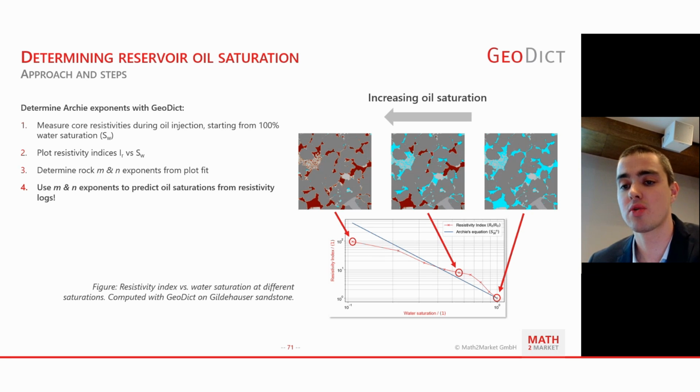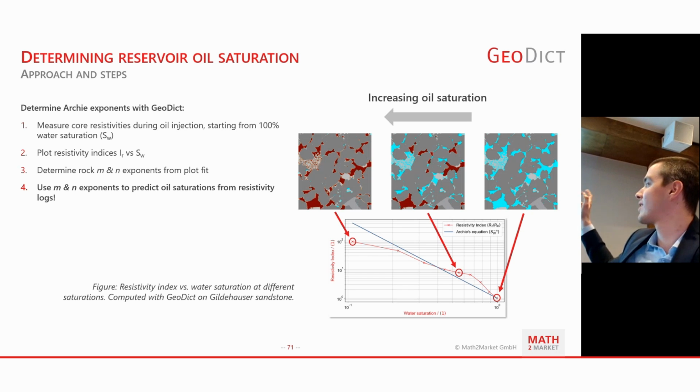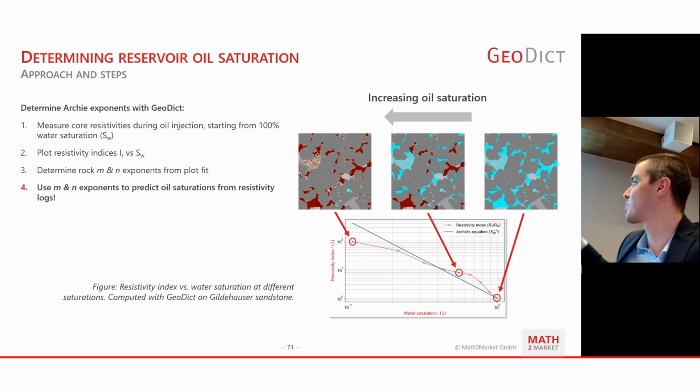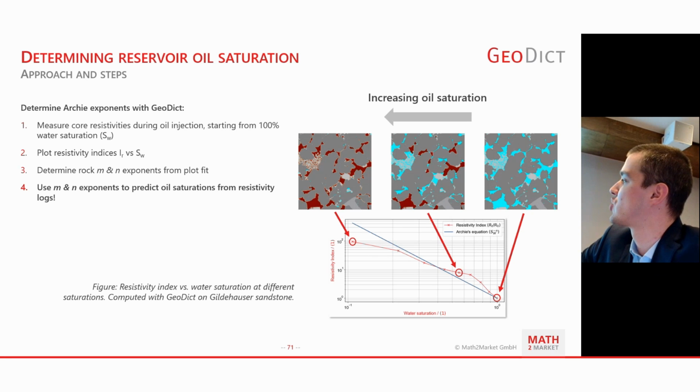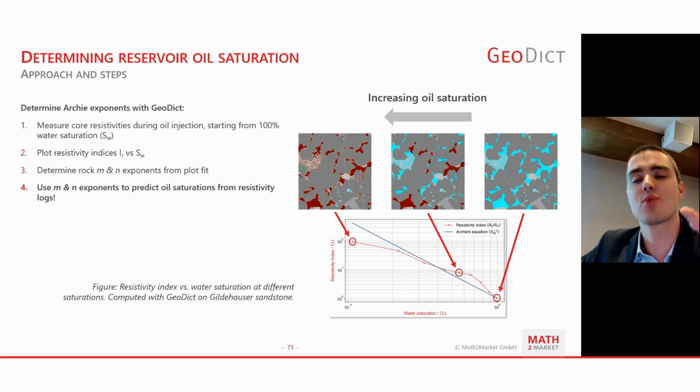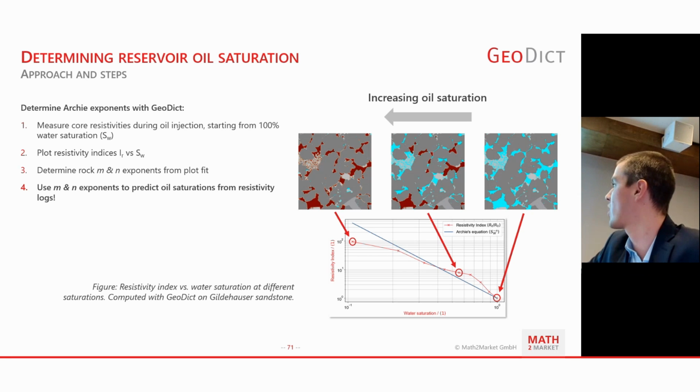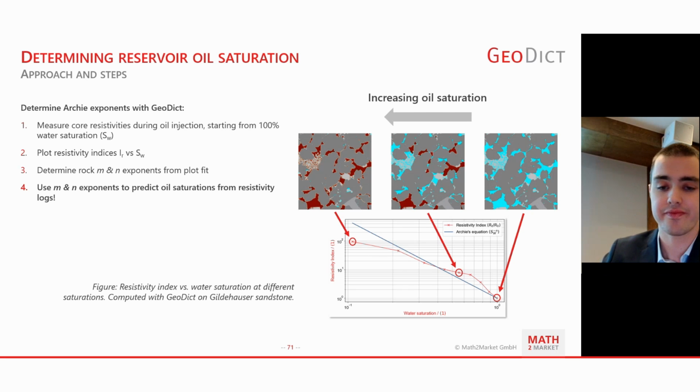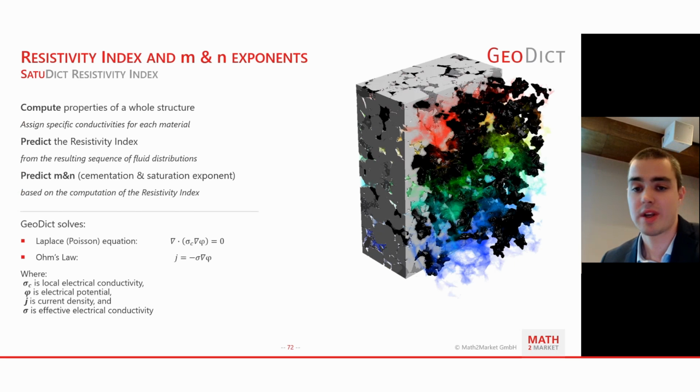A similar approach to the experimental setup is done in GeoDict. We start with simulating the drainage process and then computing the conductivities at different saturations. Finally, we fit Archie's equation and you get the values of the M and N exponents.